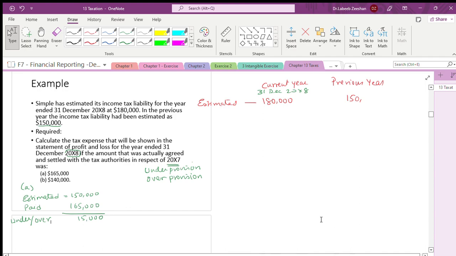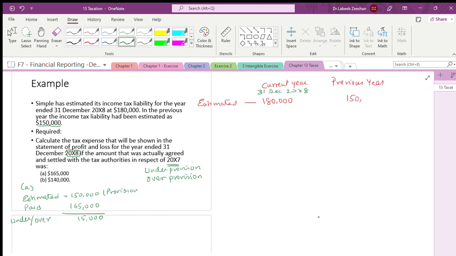See, whenever they are making an estimation, it is a provision. Whenever they make a payment, this is actual.